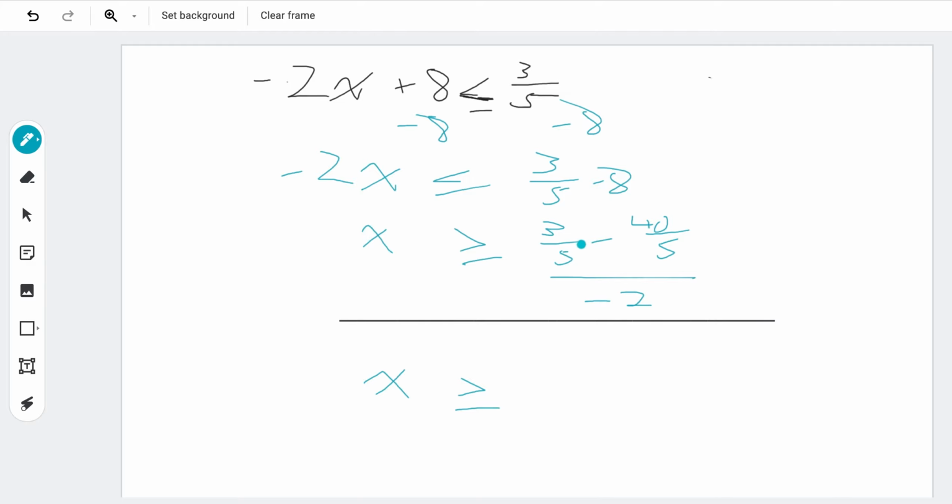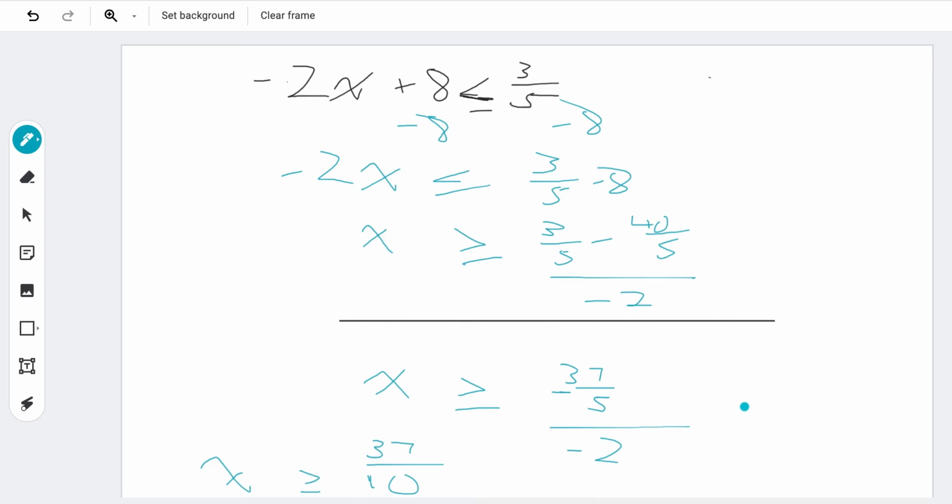When this gets subtracted, we have negative 37 over 5 over negative 2. This is the same as x is greater or equal to 37 over 10, okay? 37 divided by 10, which is the same as 3.7.